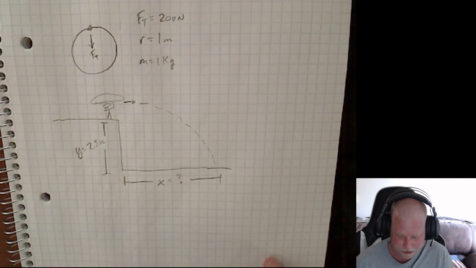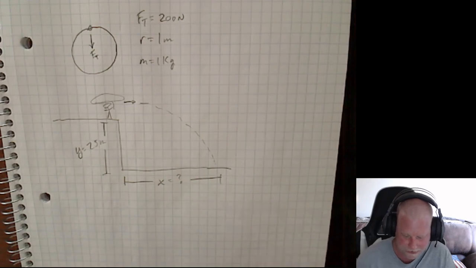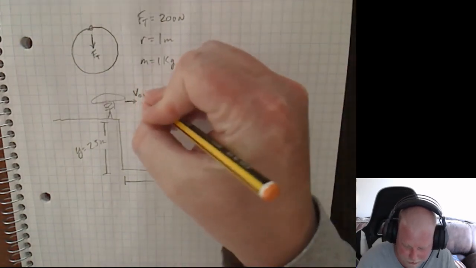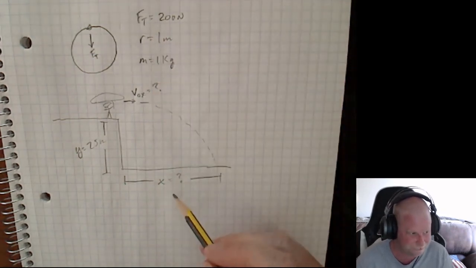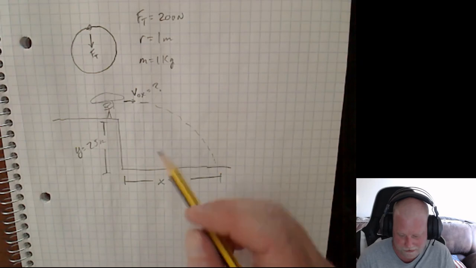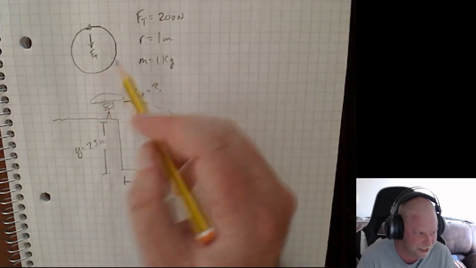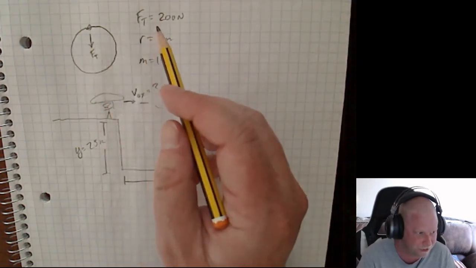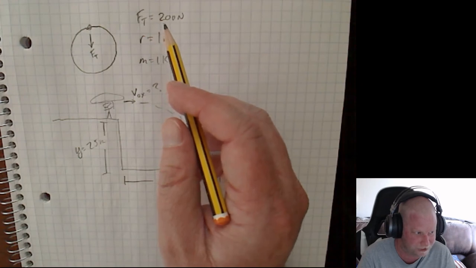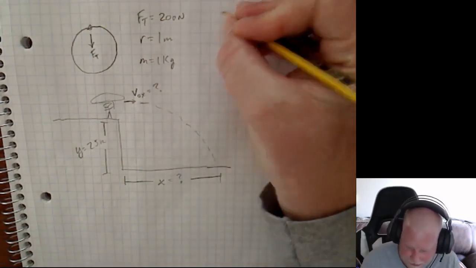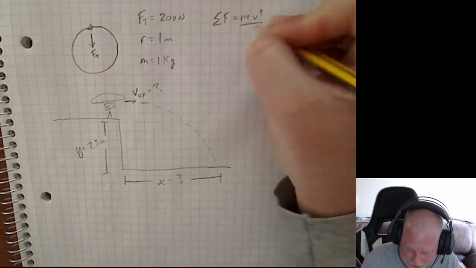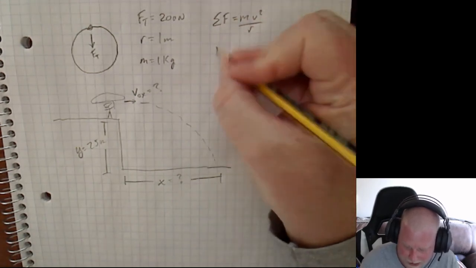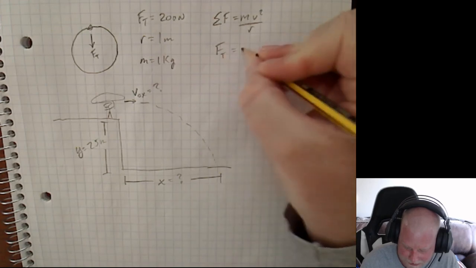Now, the first thing we're going to want to know is v naught x to eventually get x. Now, how can we find v naught x? Well, let's go back and examine how fast it's going when the tension reaches 200. So our net force is equal to mass times acceleration, and our net force in this case is just tension.